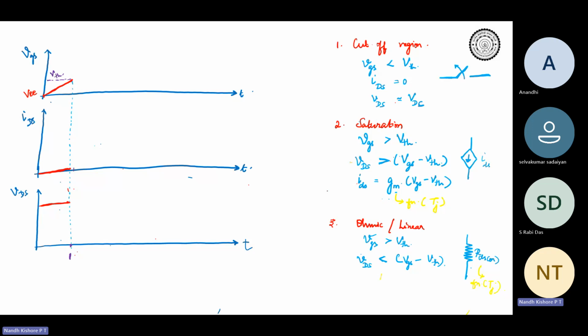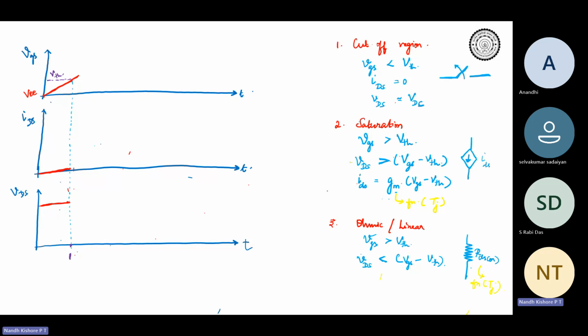After instant 1, the gate source voltage crosses your threshold voltage. Gate source voltage is just increasing beyond threshold voltage. So the device will transition to which region? Saturation region, correct.